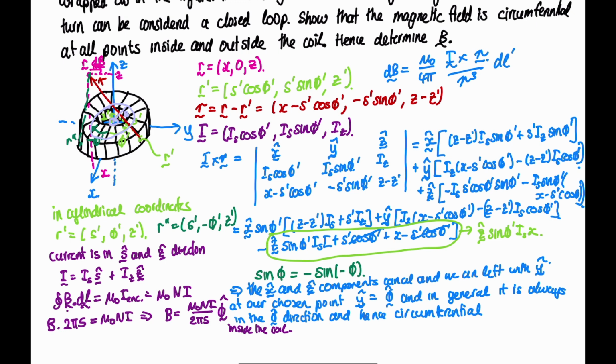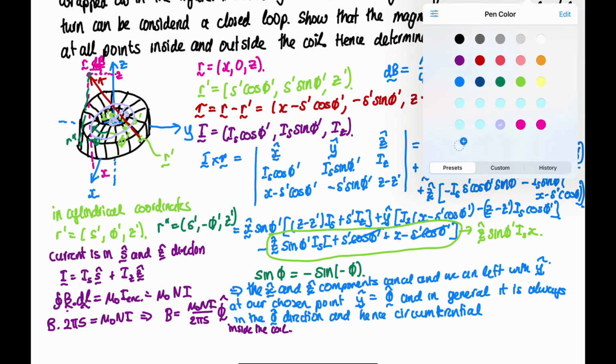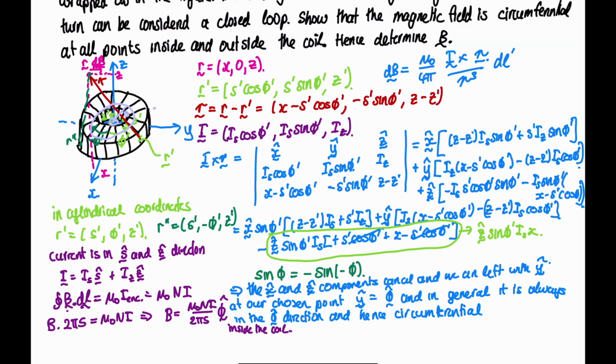Or if I imagine taking a loop at a much greater radius outside like this, then I've got the current flowing up here, and I've got the current flowing down there. So each of those currents is going to cancel each other out. And so again, I've got 0 enclosed current. And so we can say that this is equal to 0 outside the coil.